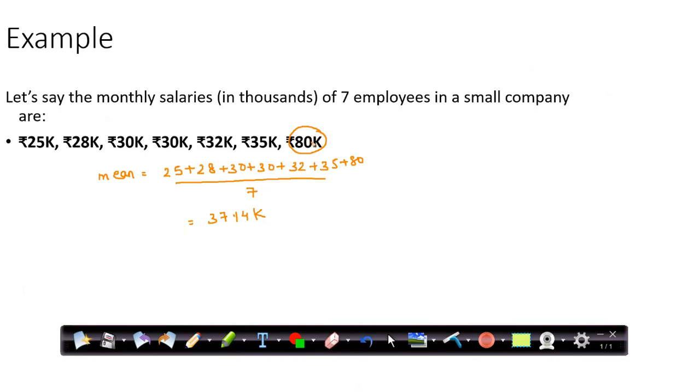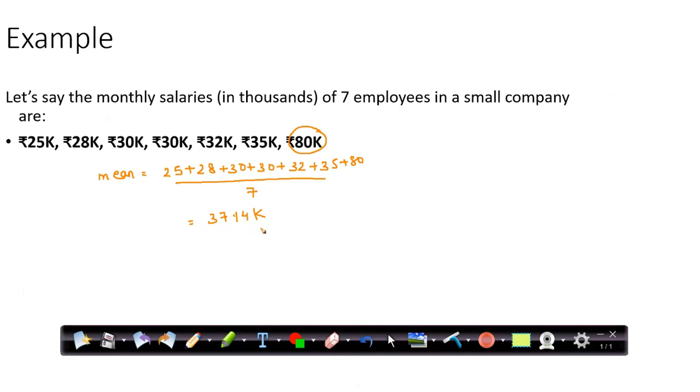Outlier is any data point which is very different from majority of the values. So in this case, majority of the employees have the salary range between maybe 25 to 35, but one employee has salary of 80K. That's why your entire average is biased or maybe it's affected.